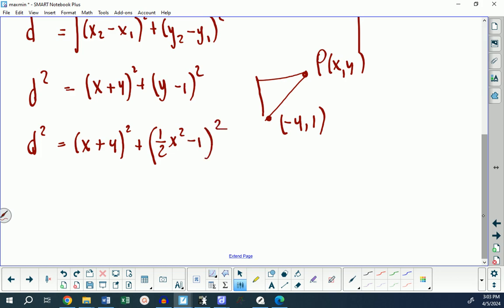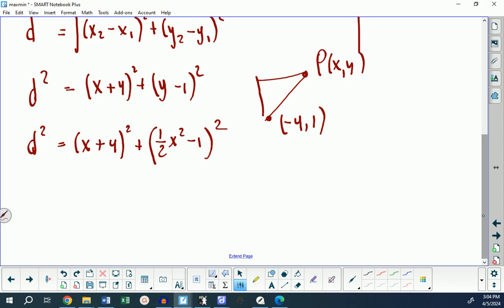But I can substitute in for y 1/2 x squared, because every point on the parabola has a y coordinate of 1/2 x squared. Perfect opportunity for us to do what I just explained to you. Let's not take the square root to minimize d.